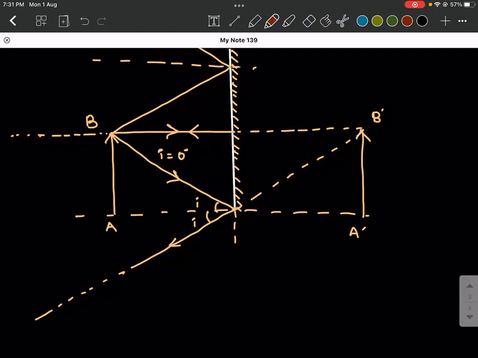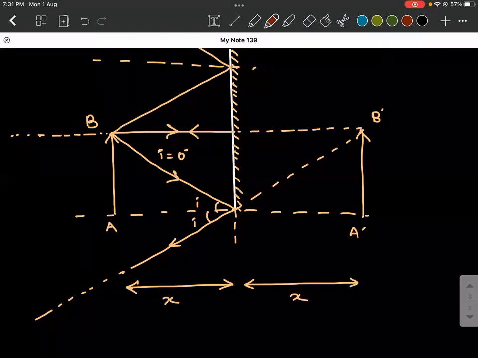So it will be formed in such a way that if this distance is x, the image is formed at the same distance x on the other side as well. And what kind of image is formed? It is a virtual image. And virtual images are always erect.